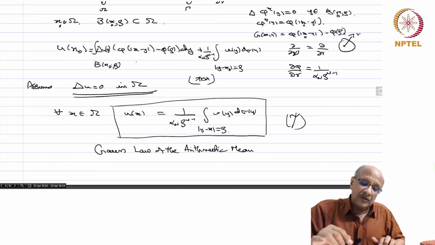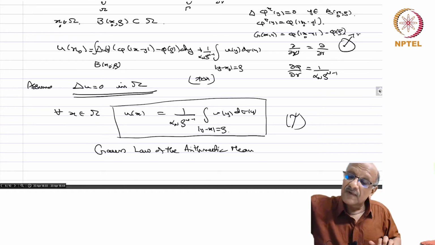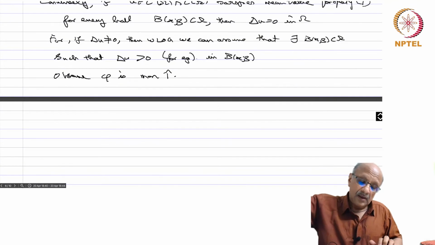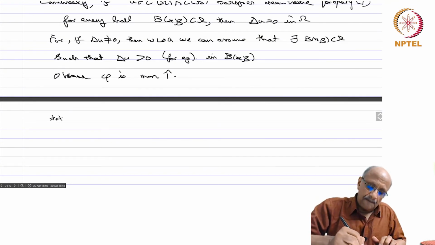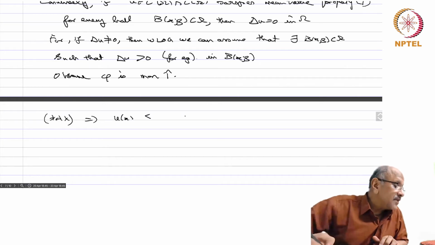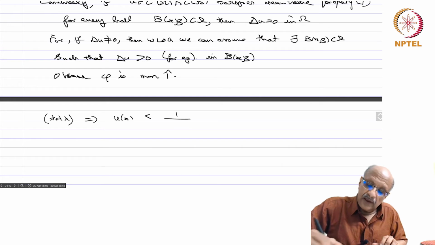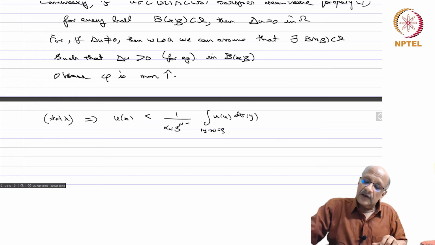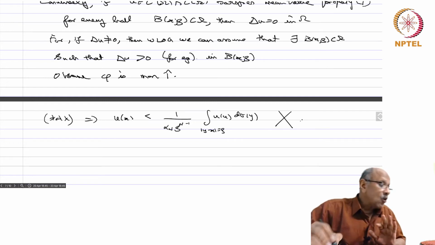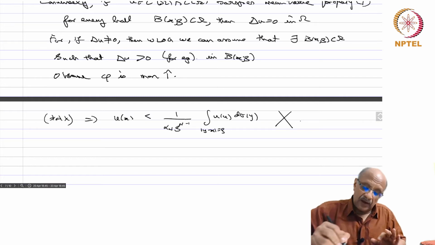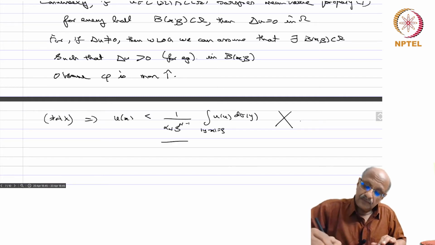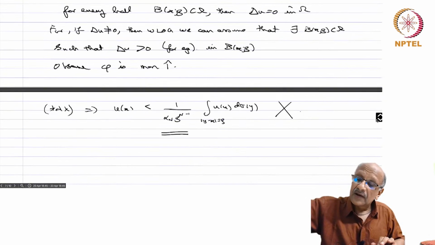So this whole integral is going to be negative, and therefore triple star implies that u(x) is strictly less than 1 by alpha_n rho^(n-1) times the integral over |y - x| = rho of u(y) d sigma(y), which is a contradiction because we know that the mean value property holds in every ball, and therefore the function is in fact harmonic.